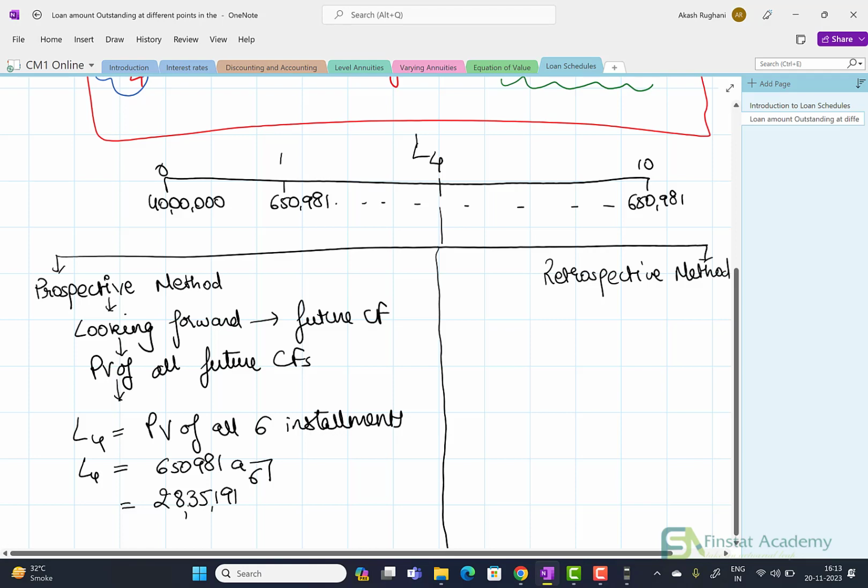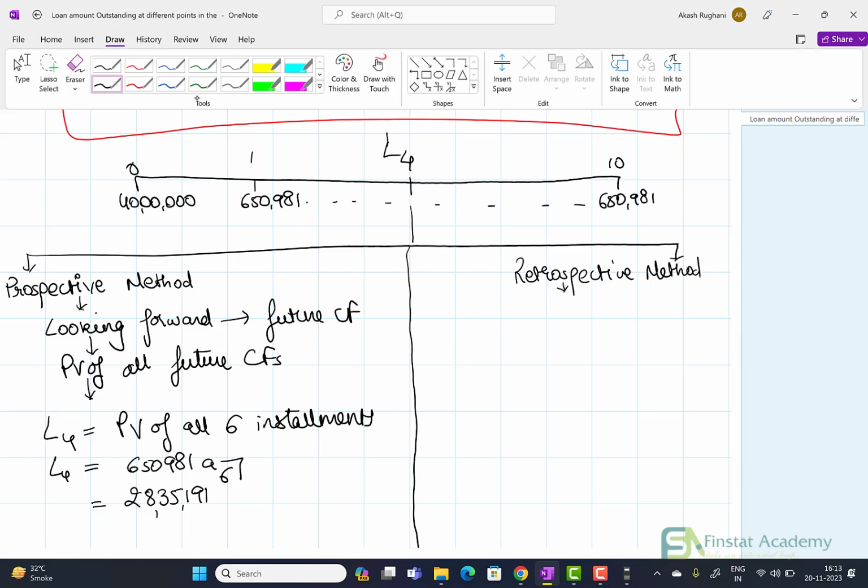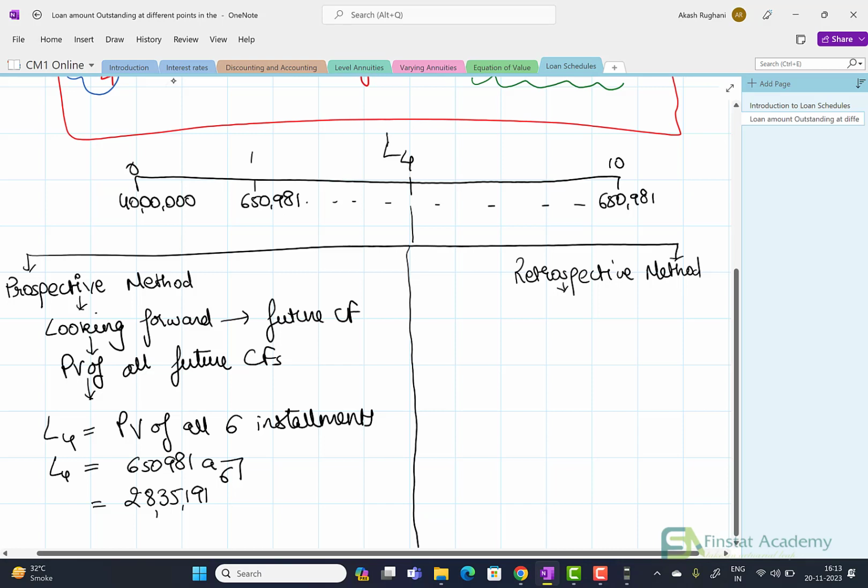Cool. Now I hope everyone's clear on the prospective method. Now I go ahead to the retrospective method. It's actually the opposite. It basically means looking backwards, or in other words, we are talking about past cash flows. So here we take the accumulated value of all past cash flows, instead of future.